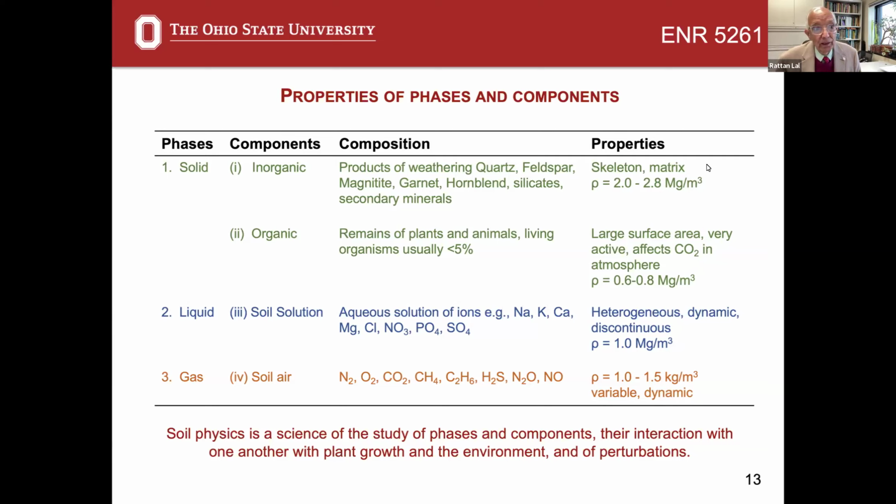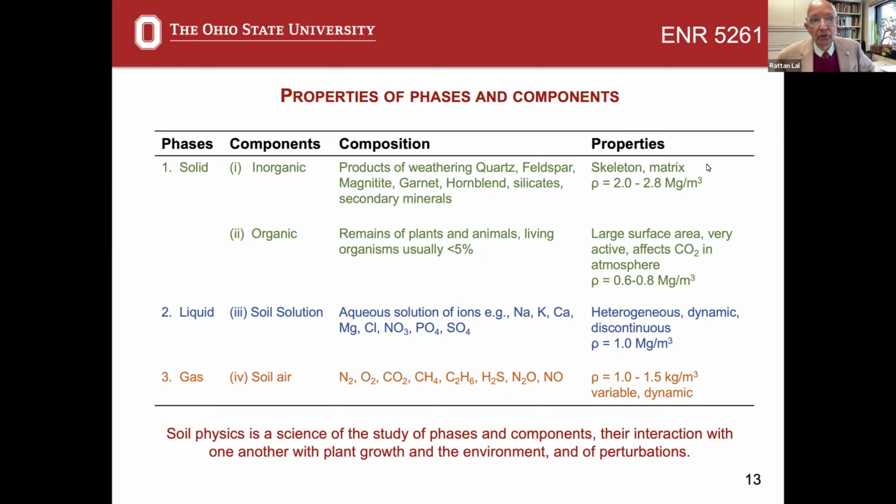Then the air in soil, which is the gaseous phase, and the air is of different types, in addition to nitrogen and oxygen and CO2, which are mostly in the atmosphere. Soil also has a high concentration of C2H6, H2S, N2O, and NO and other substances.